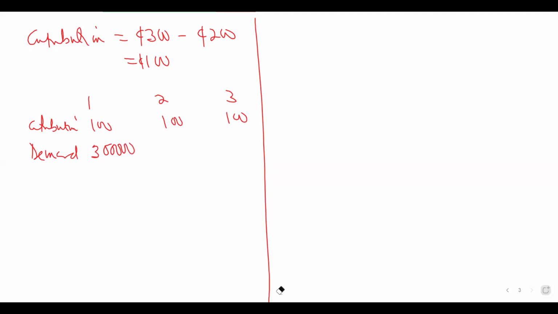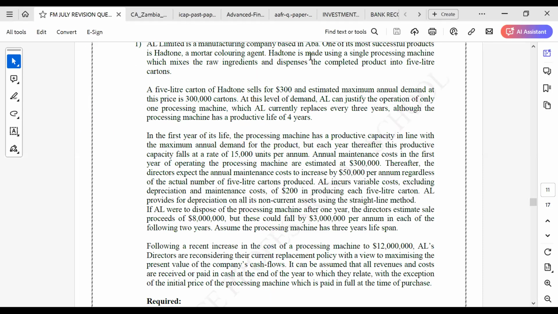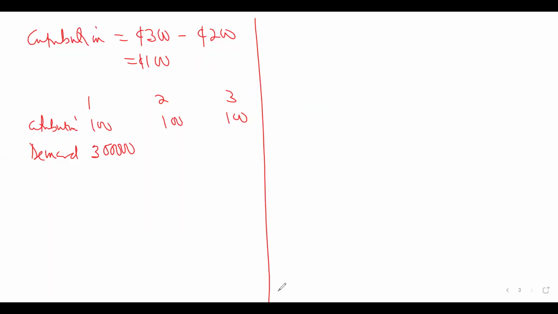Second year, what will be the demand? 285,000, because this will be decreasing by 15,000 every year. Third year will be what? 270,000.